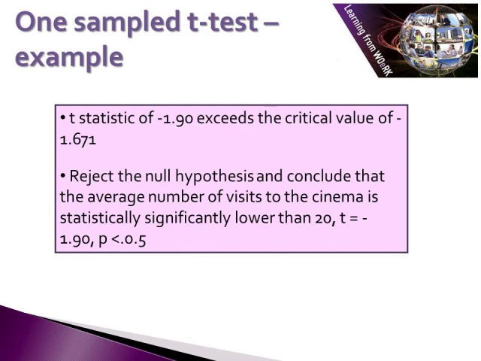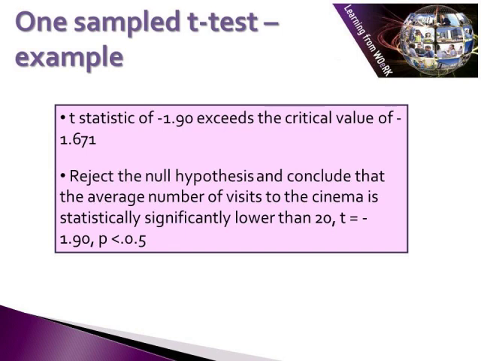So we look this up in our t-table. We look up under the degrees of freedom, and we have a look at what critical value that gives us. And the critical value that the t-table generates for us is 1.671. So what we can say is that the t-statistic that we've generated from our equation of minus 1.9 exceeds the critical value of minus 1.671.